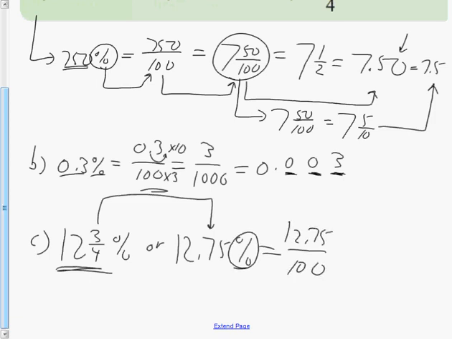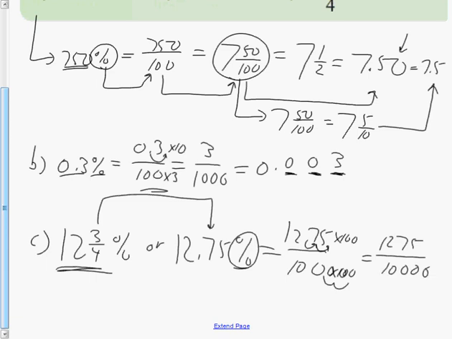That is 12.75%. Now here, I have a decimal in my numerator, but I need to get rid of it. I have to move it twice to get rid of it, which means I'm going to multiply by 100 to get rid of that decimal. I'll get 1275 over, and when you multiply by 100 with no decimal, you're technically just adding 2 zeros.